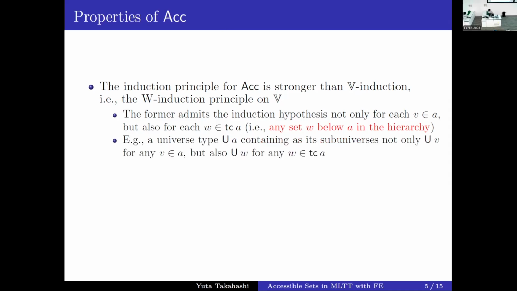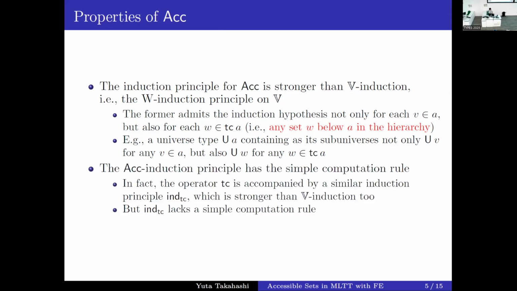For example, we can define a universe type U indexed with a set A containing as its subuniverses not only U v for any v in A, but also U w for any w in TC A. And the Acc induction principle has the simple computation rule.